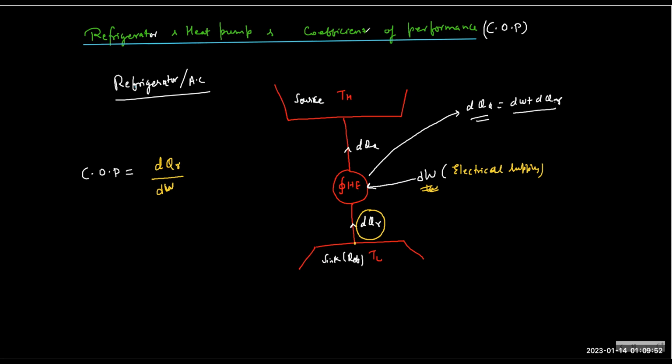And when we say we are doing the work, it means the electrical energy is doing the work. Understood? Sir, by coefficient of performance, we are defining the quality of the engine, sir. Yes, you can say so. The quality.